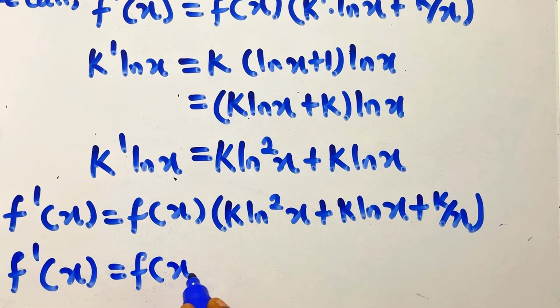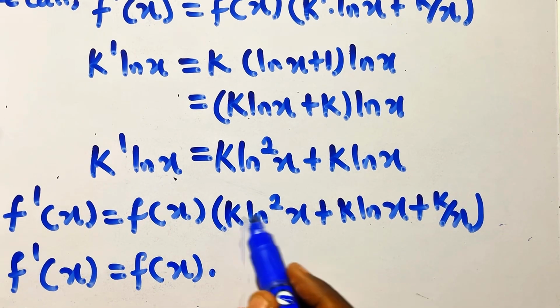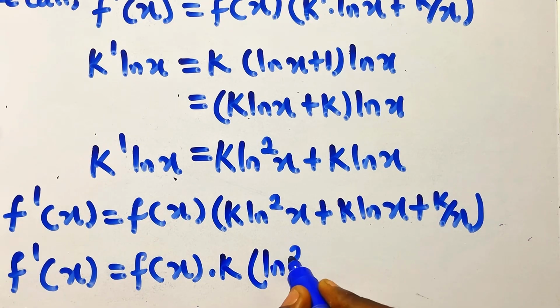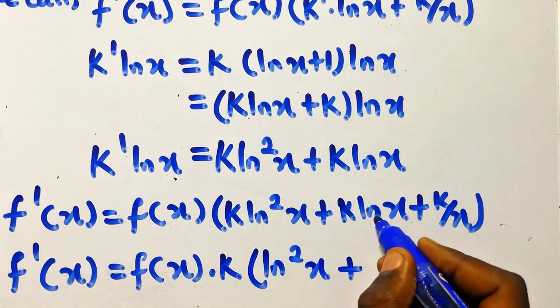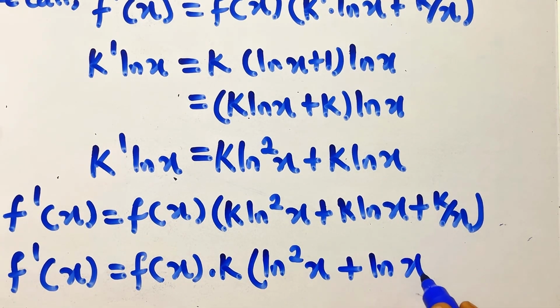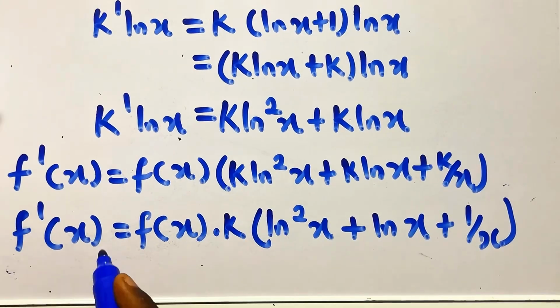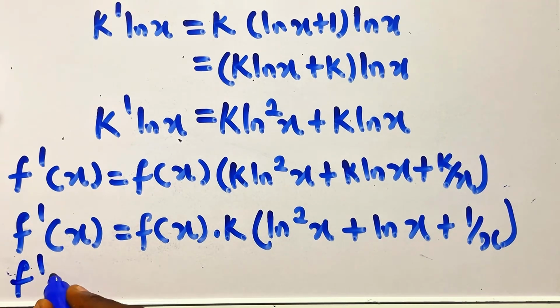Therefore we have f prime of x equals f of x multiplied by, since we have k in common, let's factorize k out: f of x multiplied by k, then what is left is ln square x plus ln x plus 1 divided by x.